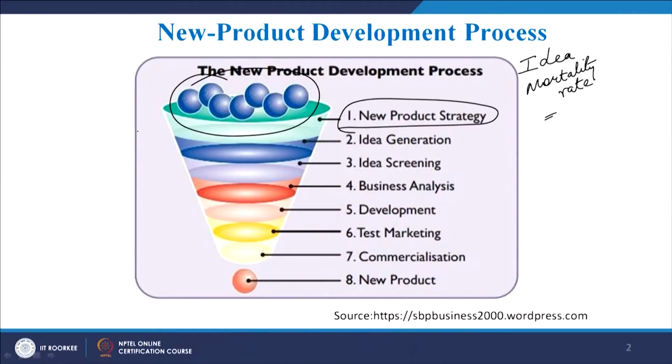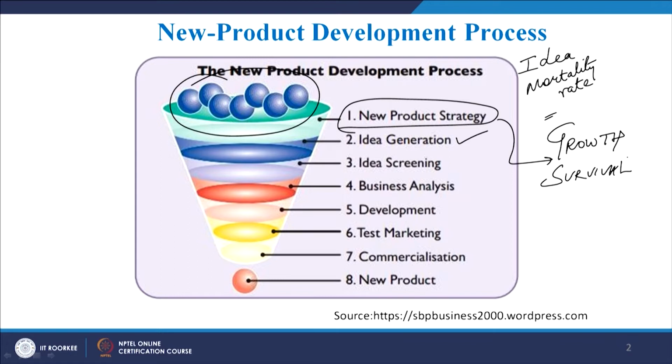As you can see on your screen, the new product development process starts with a new product strategy. We can see there are a number of new product ideas here, and then the screening goes through. We do idea generation for a new product. So why do we need to develop a new product? If you remember in yesterday's class, we fine-tuned 2 words, growth and survival.